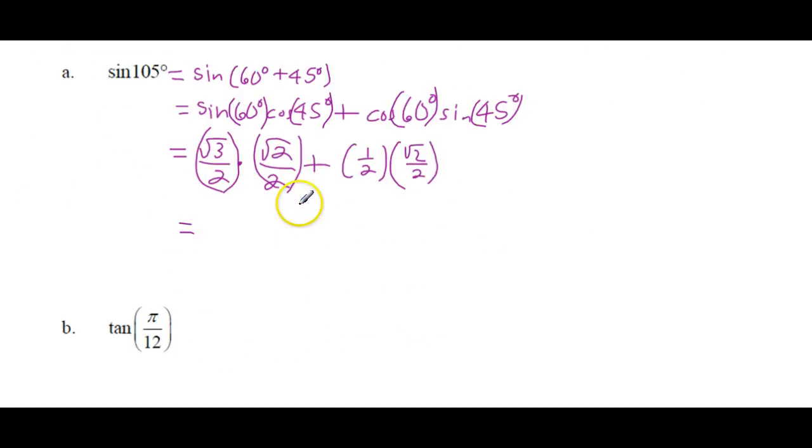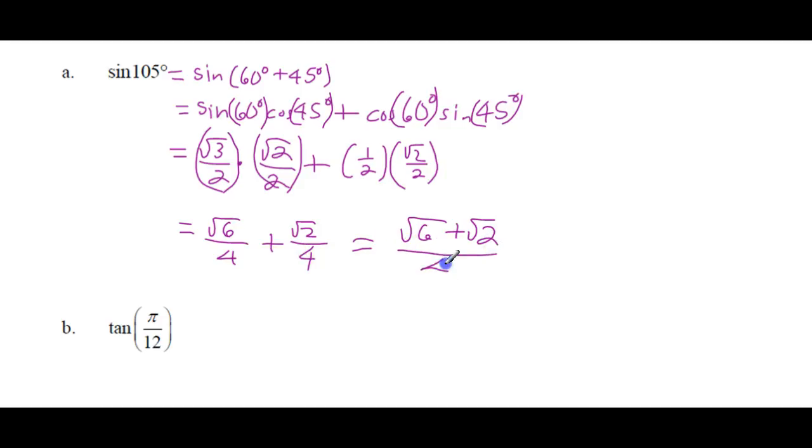Root 6 over 4 plus root 2 over 4, which is root 6 plus root 2, and we've got the common denominator, over 4. So there's our answer. If you wanted to check this, you could do sine 105, make sure your calculator's in degree mode, and you could do root 6 plus root 2 over 4, and you will get the same number.